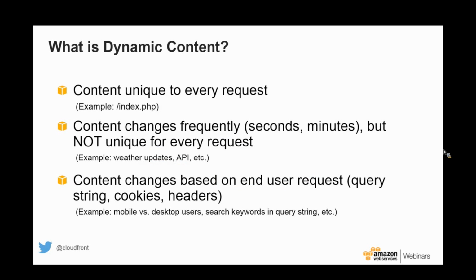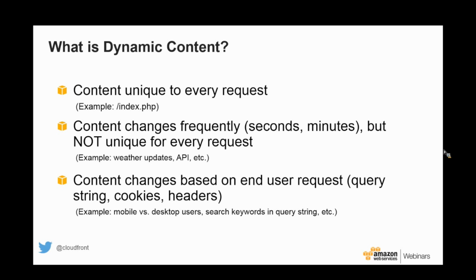It could be content that changes very frequently, but it's not necessarily unique to every single user or every single request. So this is things like weather updates. The weather data changes frequently, maybe even every few seconds, but it's not necessarily unique for all your users in a given zip code.